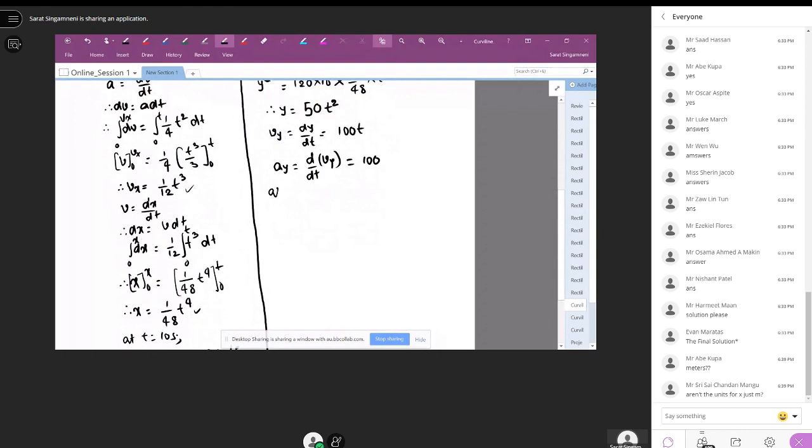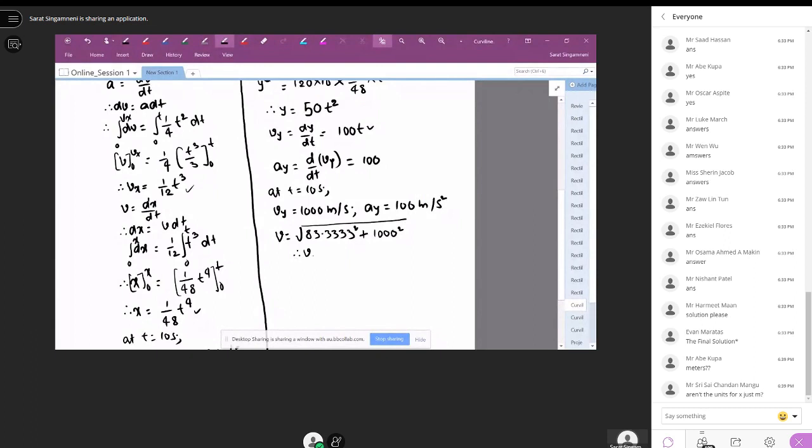So at t equal to 10 seconds, velocity in the y direction is equal to, substituting in that equation, 1000 meter per second, and acceleration in the y direction is constant, 100 meter per second square, and therefore the total velocity v is root of the x component 83.3333 square plus the y component, which is 1000 square.